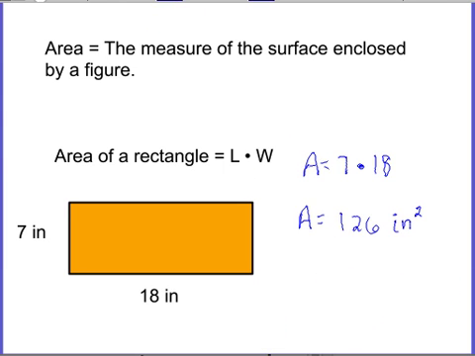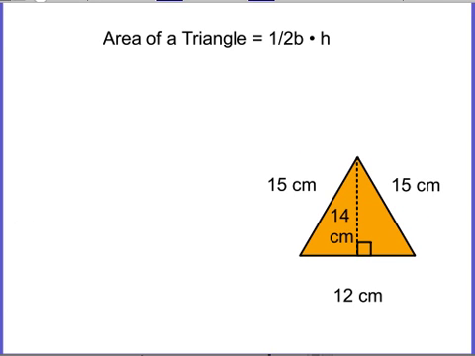So, area of a triangle. And the area of a triangle does have a formula. Area of a triangle is 1/2 the base times the height. So area equals 1/2 the length of the base times the height. Now the base and the height of a triangle have to do something special. Anybody have a thought on what they have to do special?